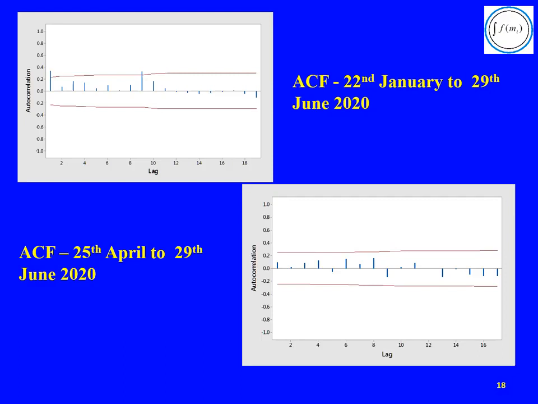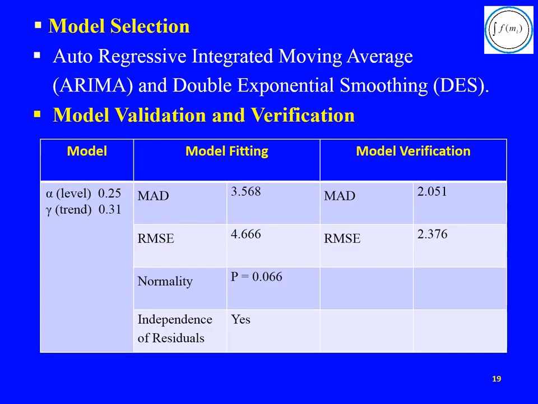Then I can say that part is stationary. Earlier I did the pattern recognition part. I studied the pattern, identified the behavior of the pattern. Based on that, I selected two models to fit.